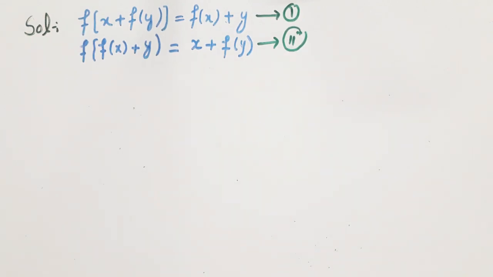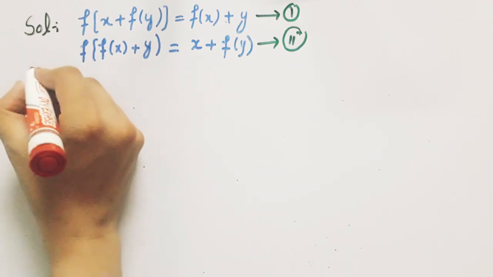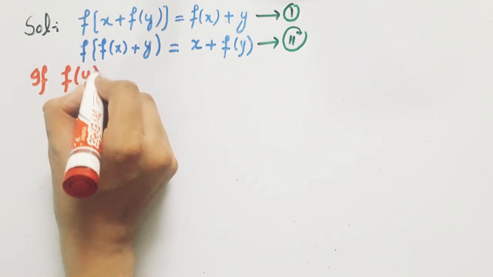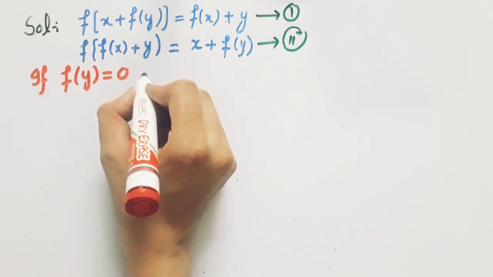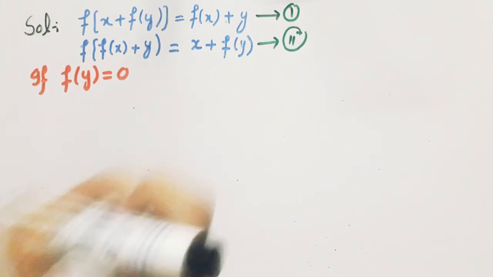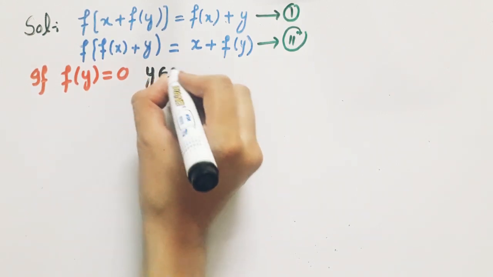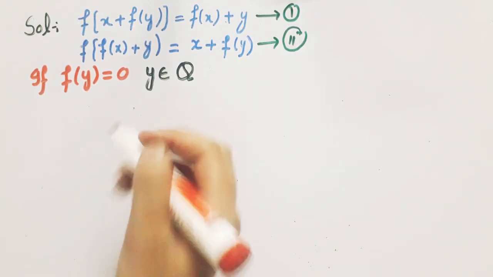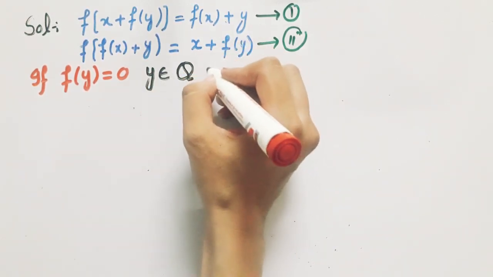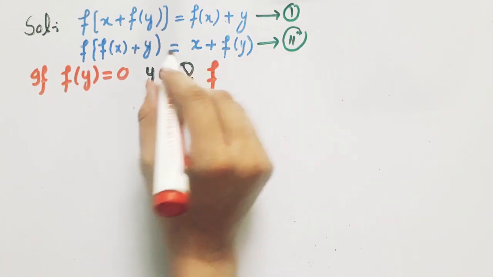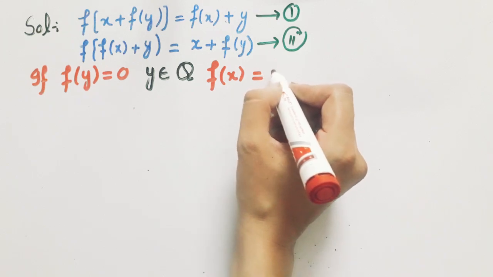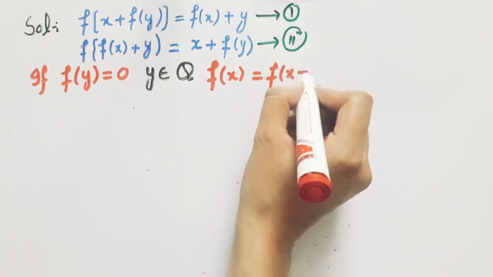After that, suppose f(y) = 0, where y belongs to the rational numbers Q. Then equation 1 becomes f(x) = f(x + y).